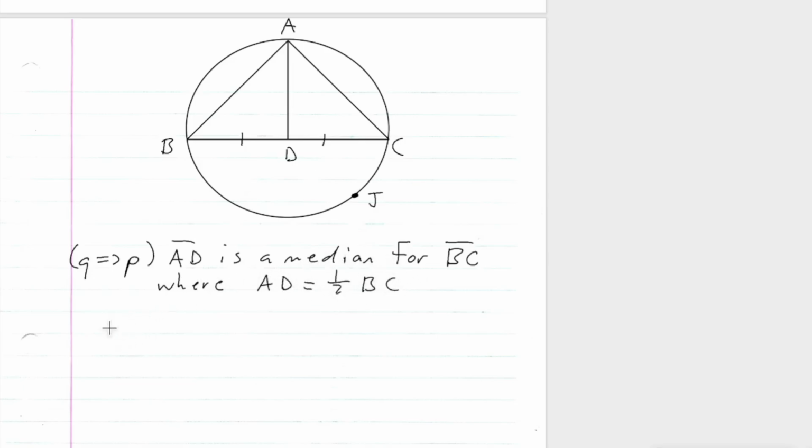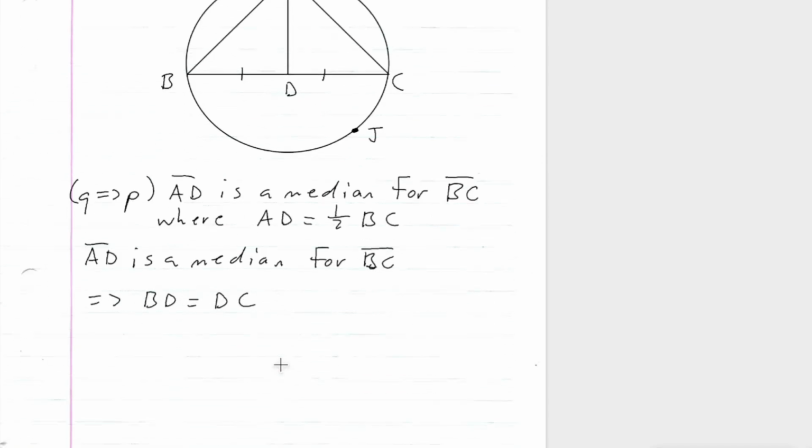So let's use the fact that AD is a median for BC. That, of course, implies that BD is equal to DC, and that's equal to half of BC.